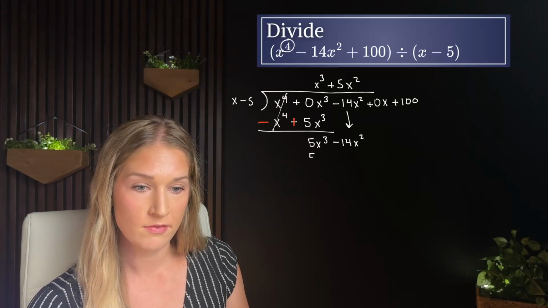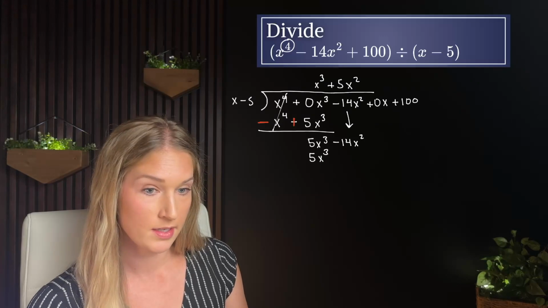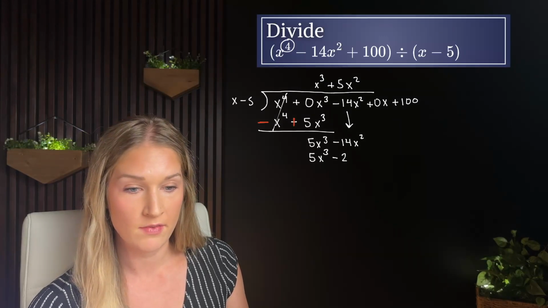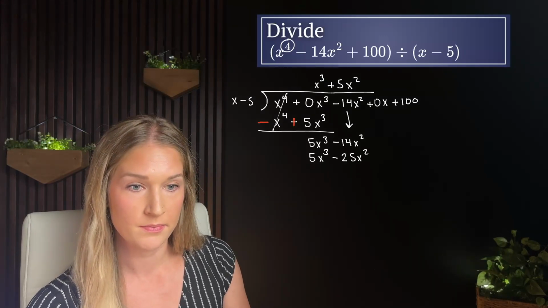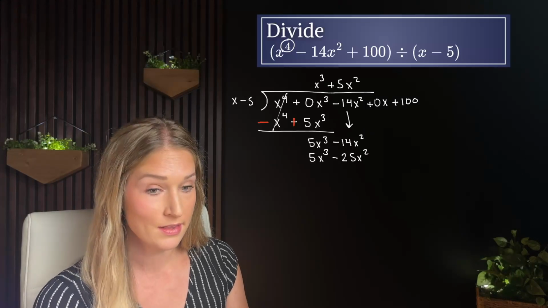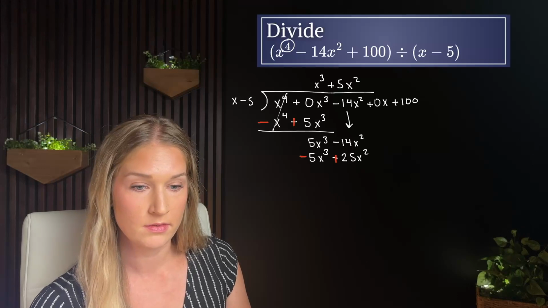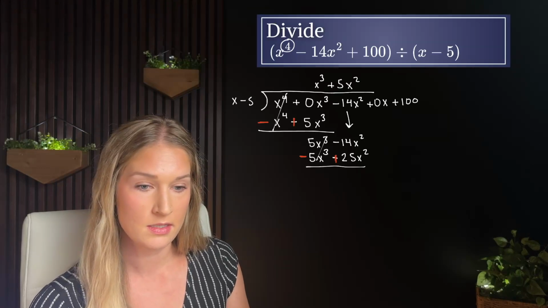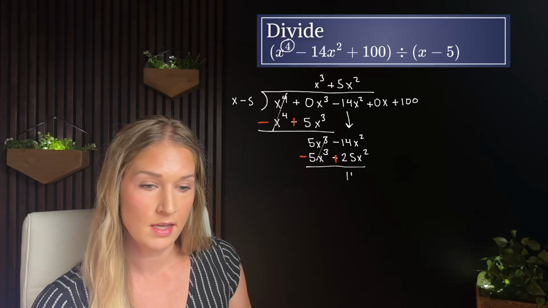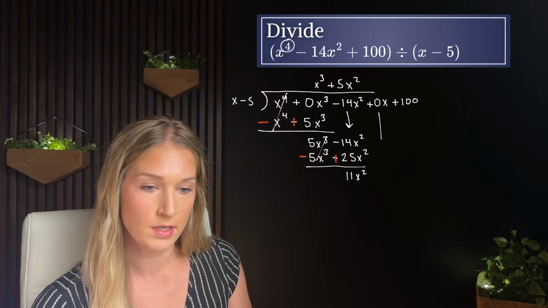Distributing to x, I get 5x to the third, just like we wanted. And then distributing to negative 5, I get negative 25x squared. We subtract, but we subtract everything, so I distribute that negative to the 5x cubed and to the 25x squared, and then I combine like terms. Cancel, I get positive 11x squared, and I bring down my 0.